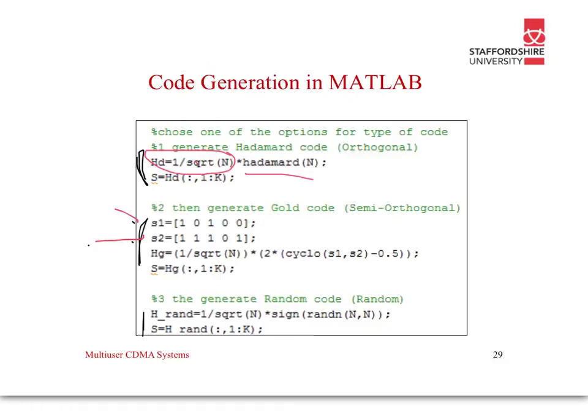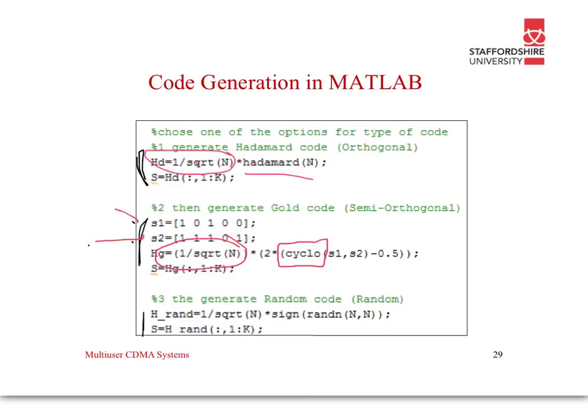The output is scaled down by 1 over the square root of the number of codes n, and the HG is the cyclo function, which you can download from Blackboard, and we have the 2 S1s and S2s.